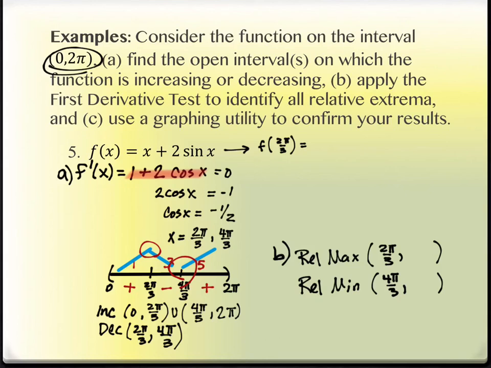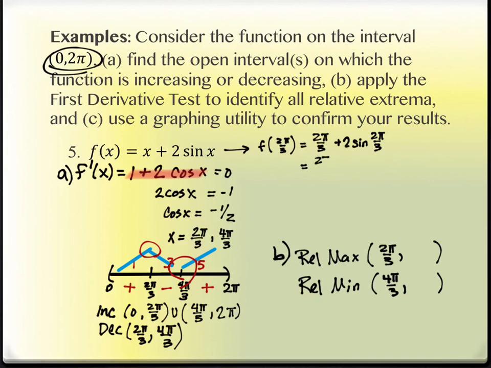So at 2 pi over 3, I've got 2 pi over 3 plus 2 sine of 2 pi over 3. So what is the sine value? I erased my unit circle. But what is the sine value at 2 pi over 3? Cosine value is negative 1/2. What was sine? Square root of 3 over 2. Right.